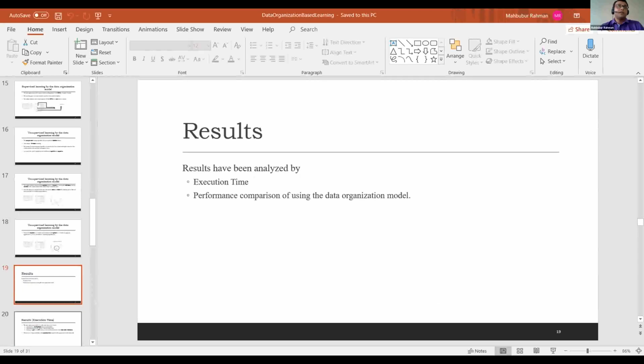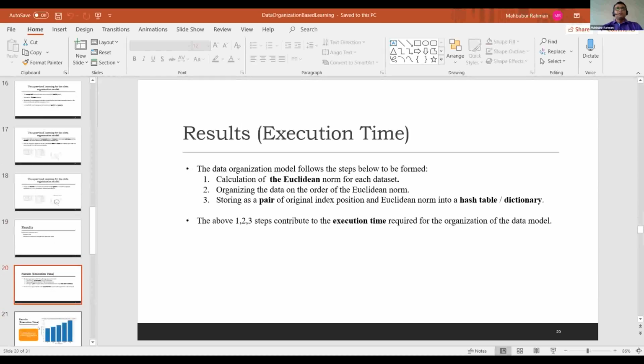Next, I'm going to explain the results. Results have been analyzed by execution time and performance comparison of using the data organization model. So what do we mean by execution time?